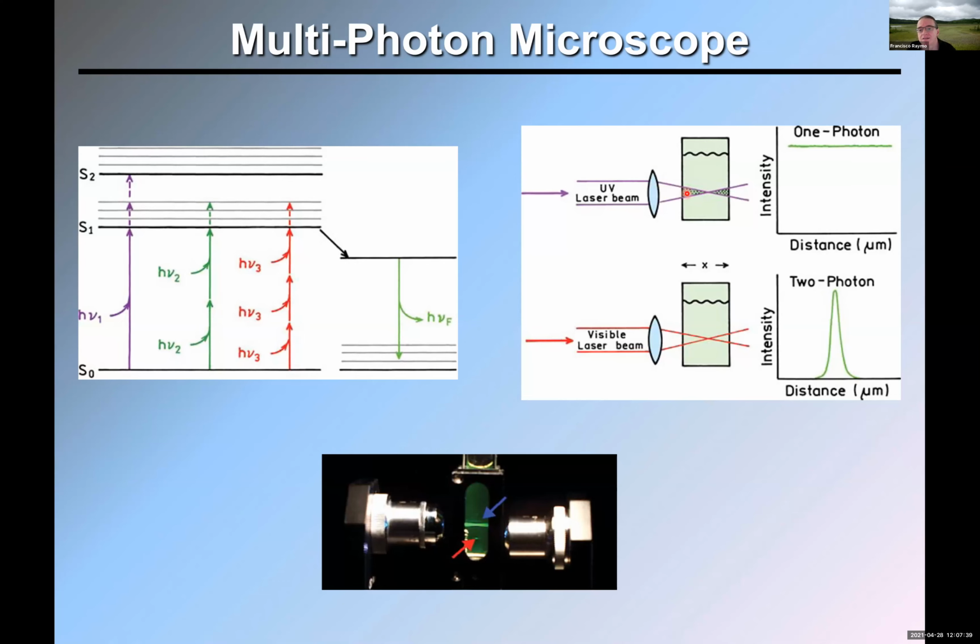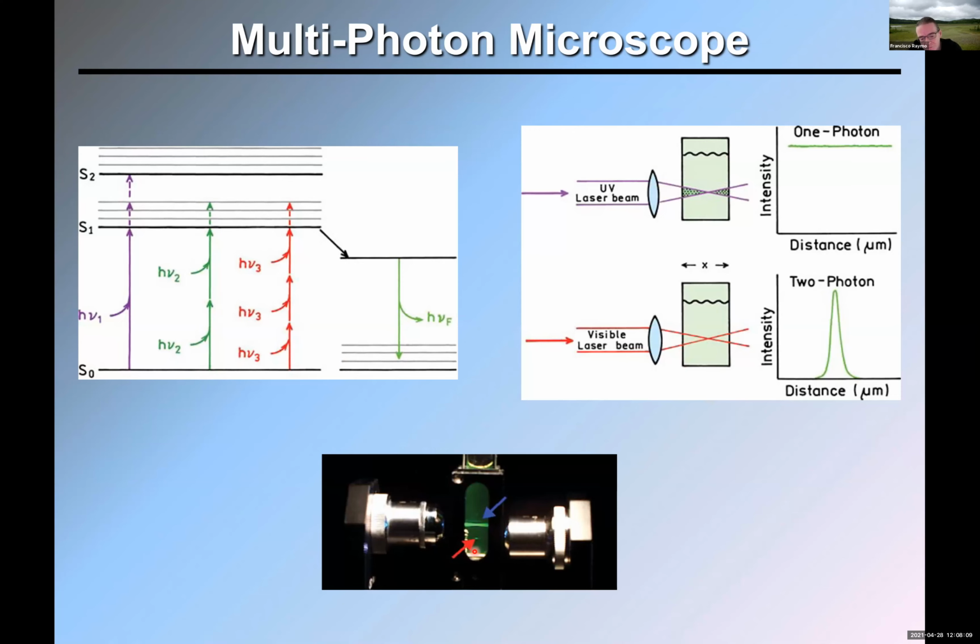So we're gonna see fluorescence here in the focal spot and also there. In the case of 2 photon, only at the focal point, the intensity is sufficiently high for this process to occur. So only here we are exciting the molecules effectively. So the fluorescence in this area and in this area, which is what we're seeing up here, is not detected. So we end up confining fluorescence into a tiny little spot.